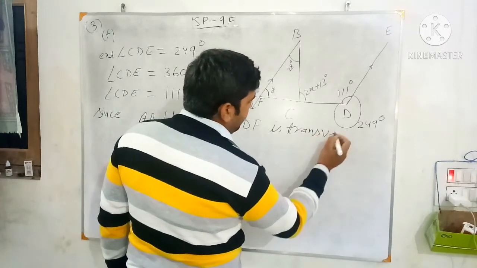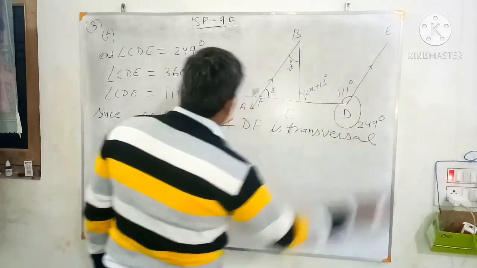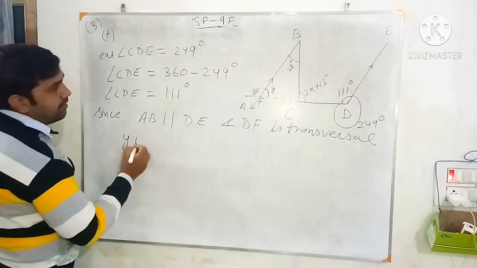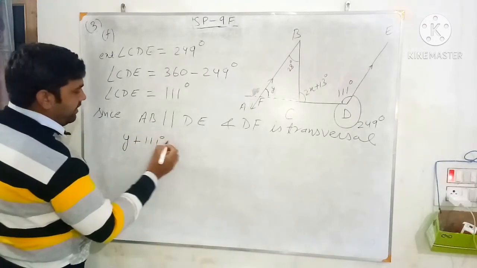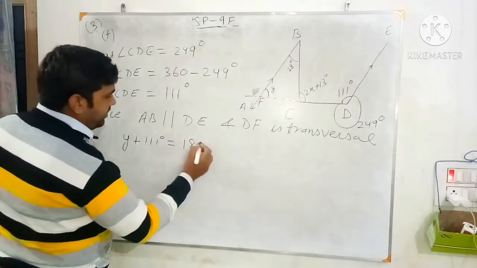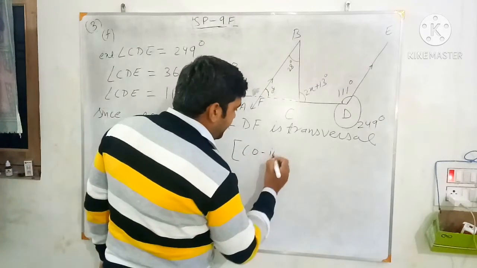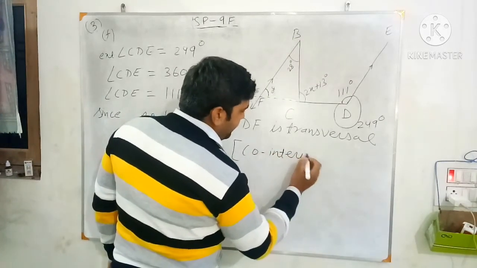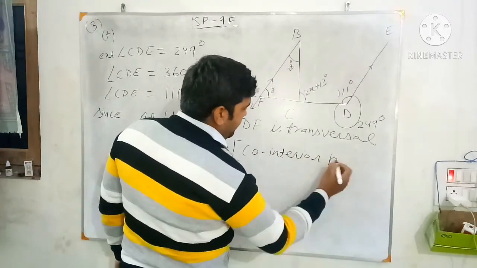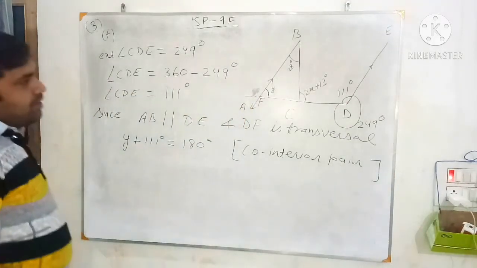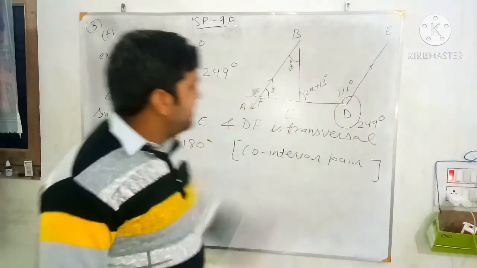So y plus 111 degree is equals to 180 degree. Reason? Co-interior pair, and the co-interior pair is always supplementary. So the sum of the co-interior pair is always supplementary.